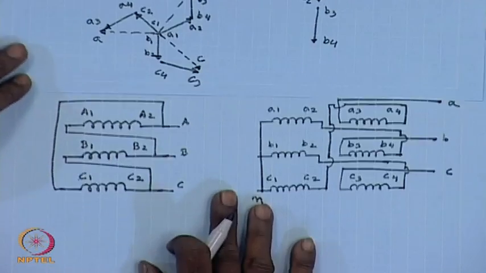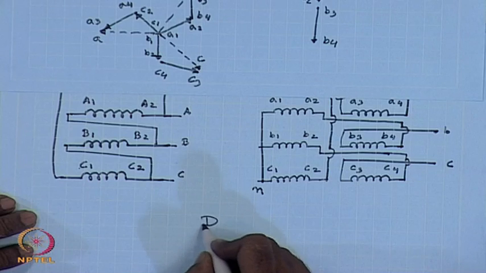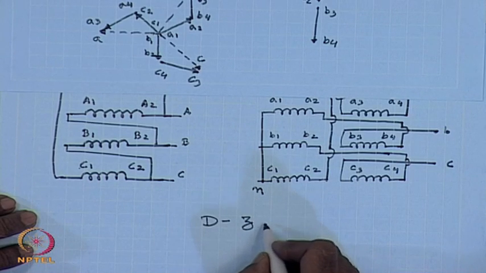So, this completes the connection of DZ 6.